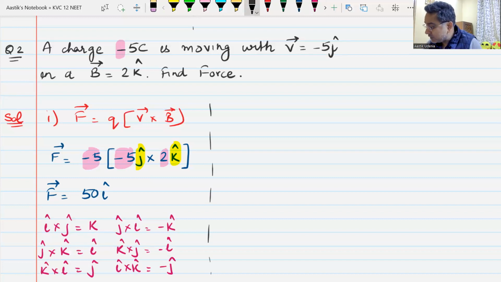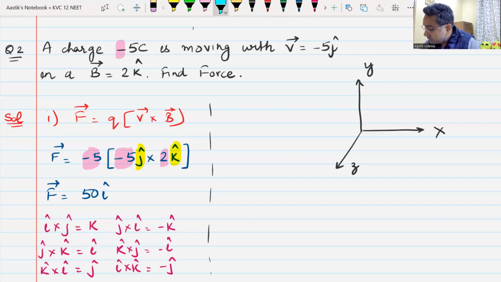If I want to do it with the scalar equation, let me first draw. This is your x-axis, this is your y-axis, and this is your z-axis. Your velocity is in the downward direction.